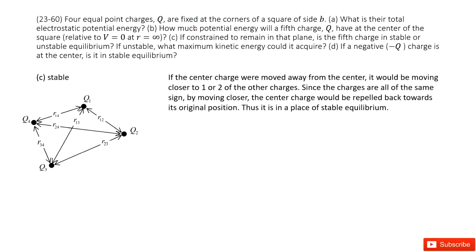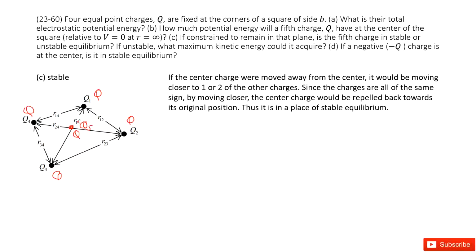The third part tells you, if constrained to remain in that plane, is the fifth charge in stable or unstable balance? So we can see this is Q5, right? Q5 carries a positive charge, still Q, and Q1 through Q4 are still positive charges. If Q5 moves a little bit closer to Q1 and Q2, what will happen?